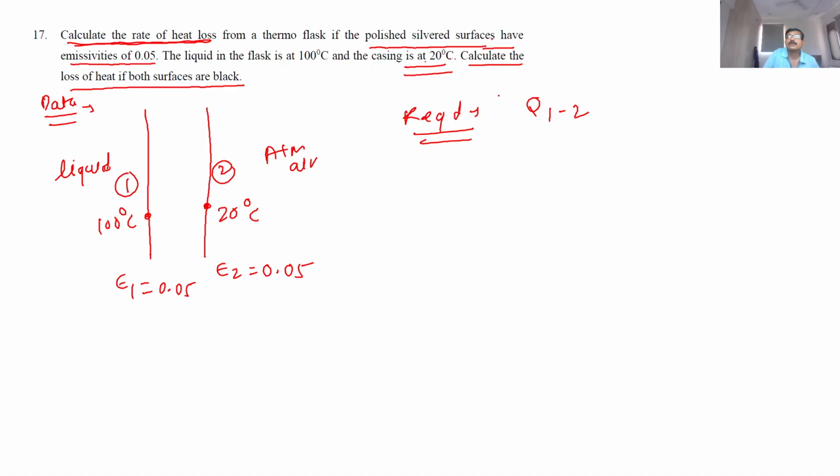Means this is your case 1, and what is case 2? Again calculate heat loss when epsilon 1 is equal to epsilon 2 is equal to 1. Both surfaces are black in the sense what? Inner surface and outer surface both have emissivity equal to 1 because they are black.